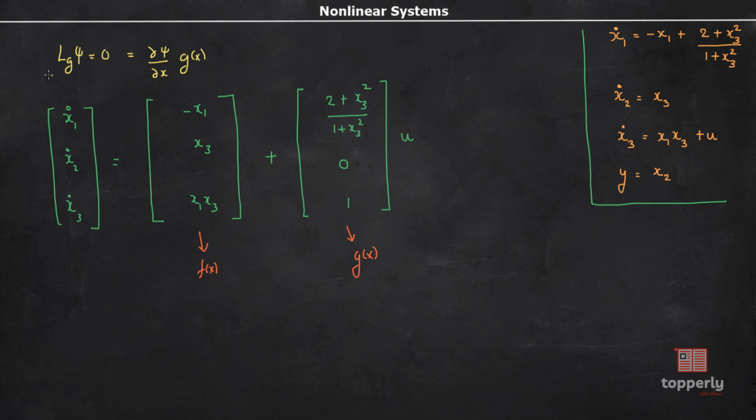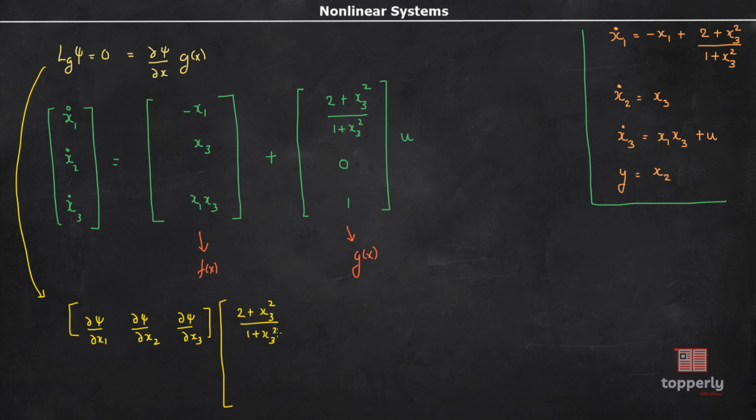Now using this relation we can write [dou psi by dou x1, dou psi by dou x2, dou psi by dou x3] into g of x, which is [(2 plus x3 square) by (1 plus x3 square), 0, 1], equal to 0, and this yields (2 plus x3 square) by (1 plus x3 square) into dou psi by dou x1 plus 1 into dou psi by dou x3 equal to 0.